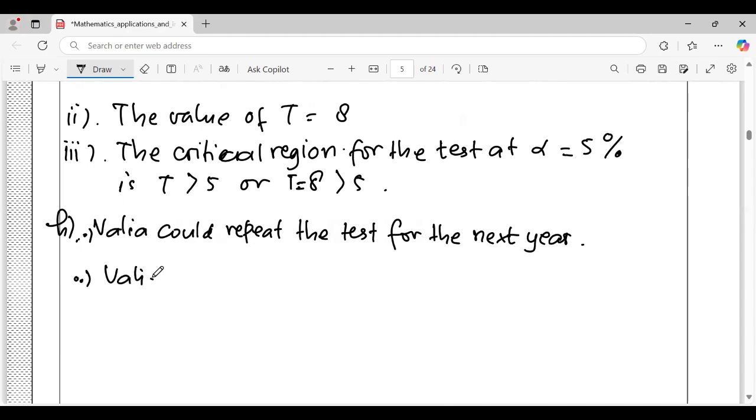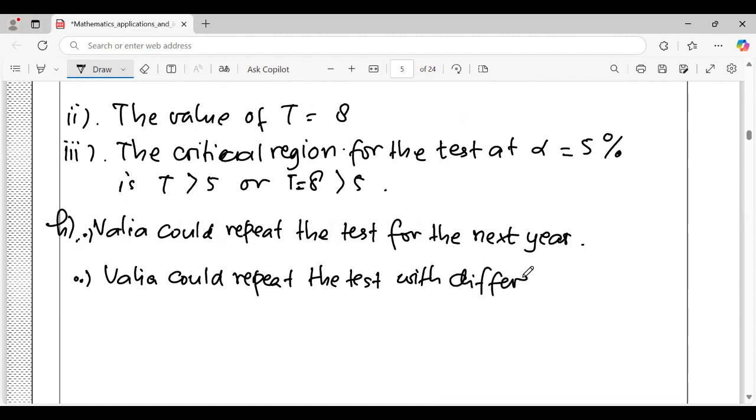Valia would repeat the test with a different sample for this year.